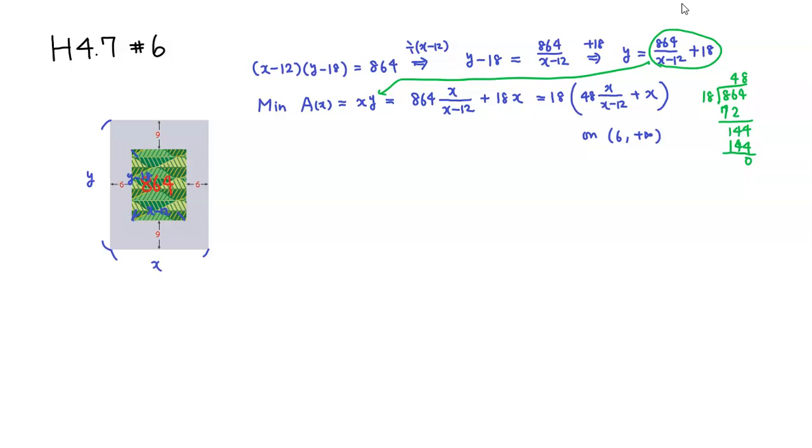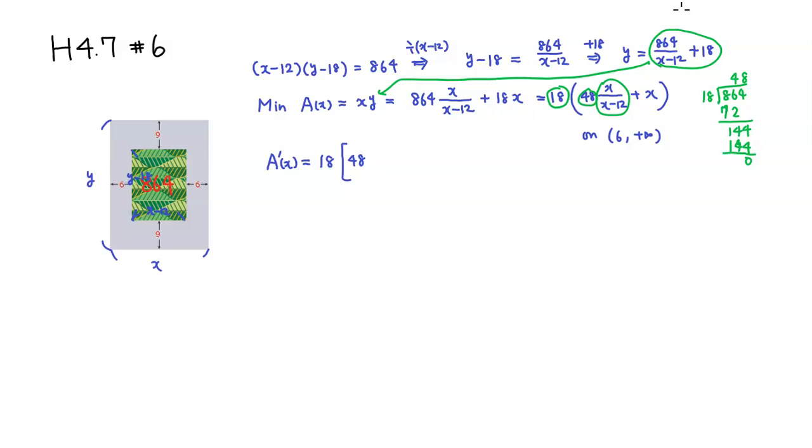Then we're going to have to take the derivative to find the critical number. So A prime of x is going to be equal to, 18 is just a constant multiple, so I'm just going to put the 18 and forget about it. Then there's a 48, which is taken care of, and we're going to apply the quotient rule on that one.